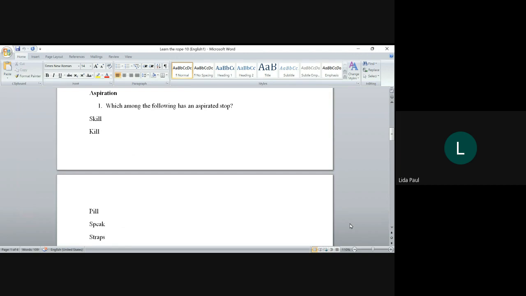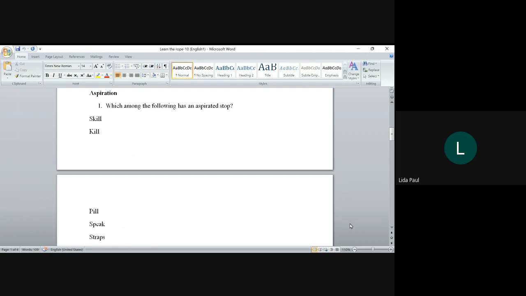Okay, if they happen to appear as the first sound of the stressed syllable in the word, then they take the acoustic property of aspiration. So this also means that to understand this particular part, you also have to understand stress, right? You should understand the concept of stress and where the word is stressed in English to decide whether your pa, ka, or ta, if they are present in the word, will be stressed or not.